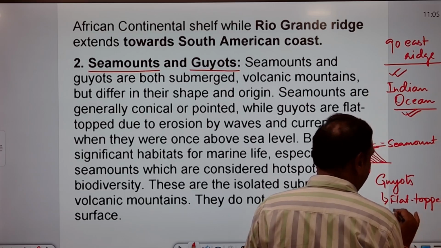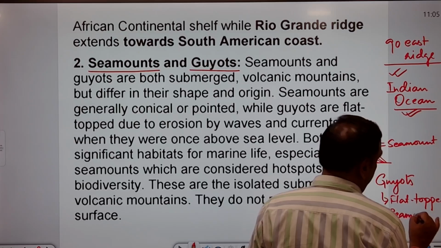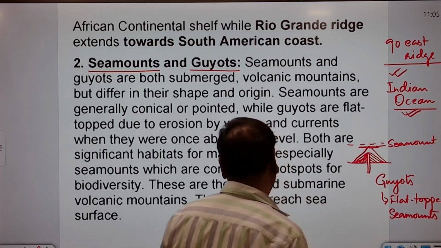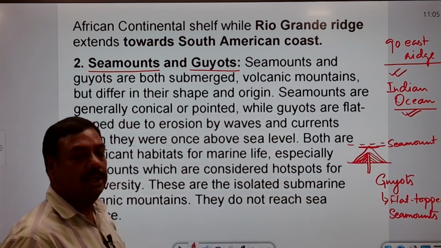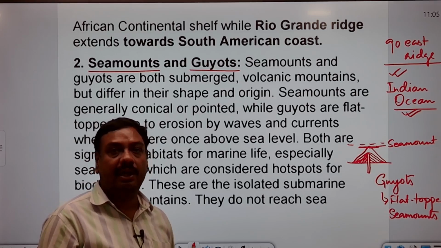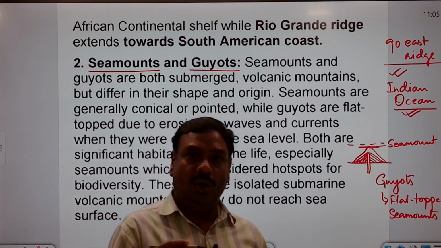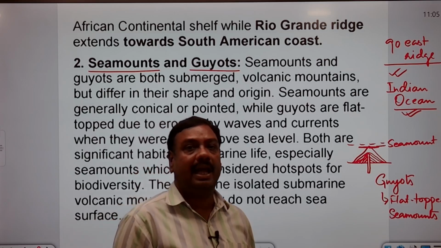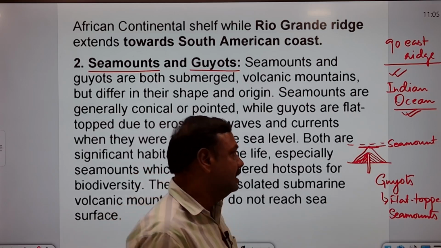And these flat-topped seamounts are formed due to the gradual erosion at the top of the seamounts. These are the guyots.